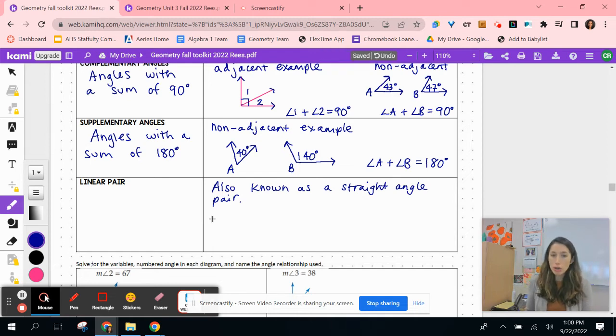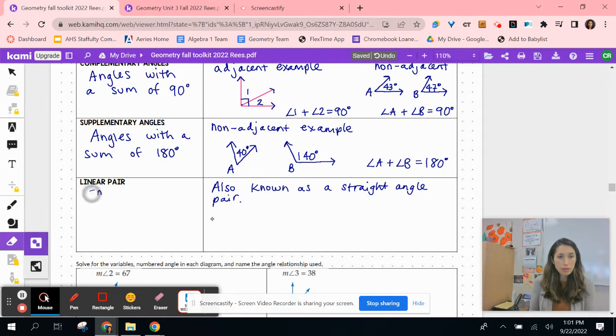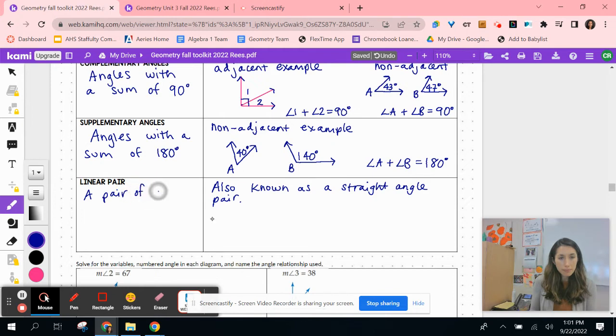Sometimes I'll say straight angle pair, sometimes I'll say linear pair. Think of the word straight angle forming a straight line, linear creating a line. So a pair of angles that creates a line. So we would say these are a pair of angles that are both adjacent and supplementary.